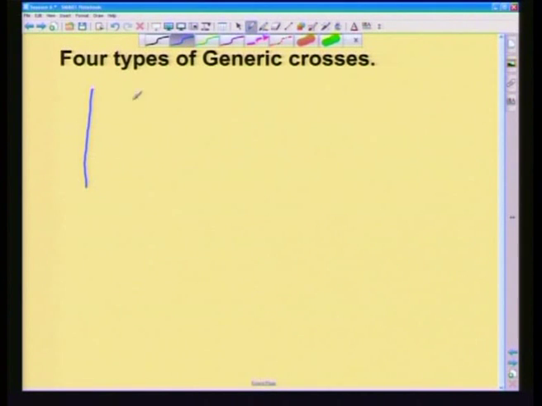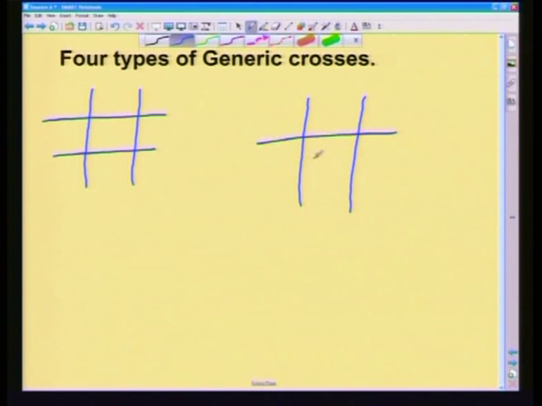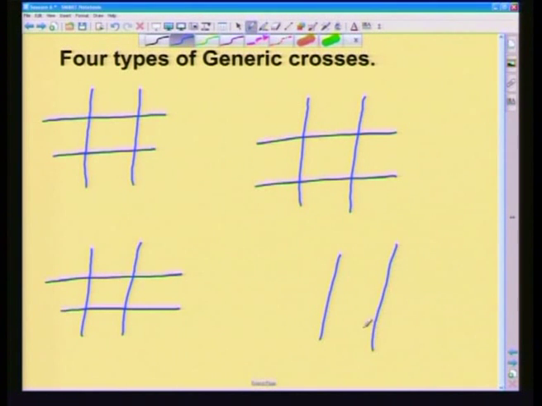There really only are 4. We've done them, but we'll go through them again. I'm doing a very basic version, not putting in genes and gametes and meiosis and all the rest of it, but these are your 4 basic crosses.